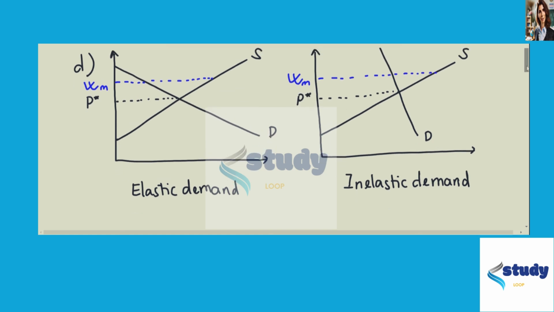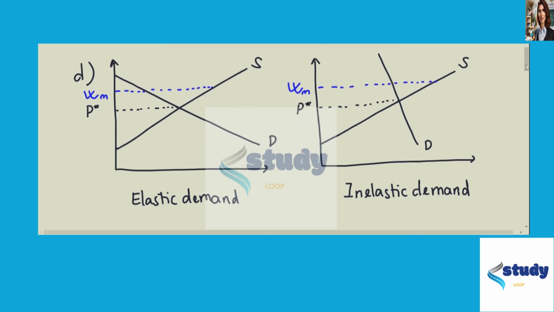For part D, we can illustrate this part with a case of elastic demand and a case of inelastic demand. Elastic demand curve has a greater slope, or it is steeper, than an inelastic demand.